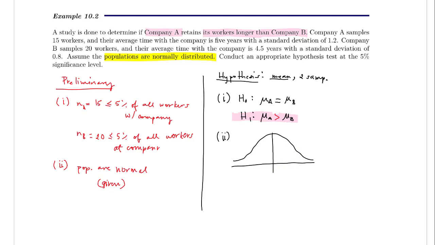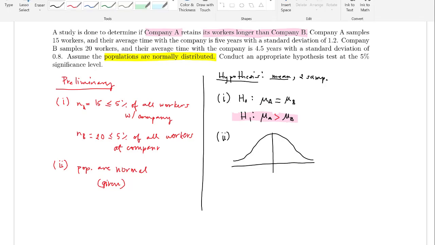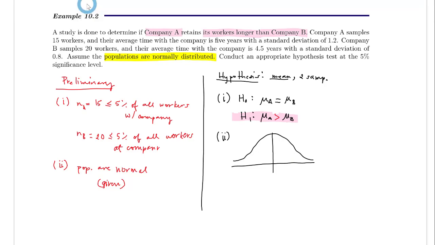We know by the alternative hypothesis that this is a right tail test, and so we'll do a little right tail shading. We're testing at a 5% significance level, so that means our alpha is equal to 0.05. And so we'll go ahead and label that on the graph.